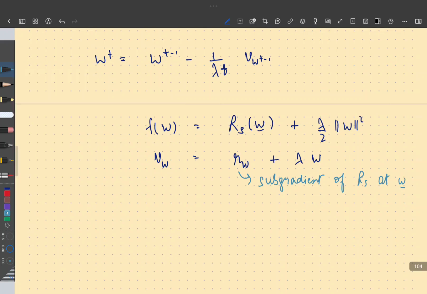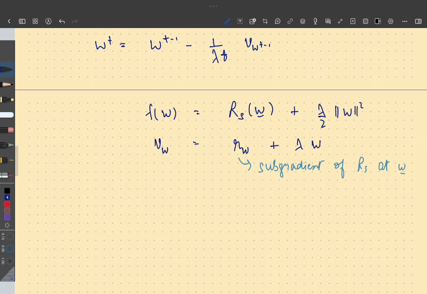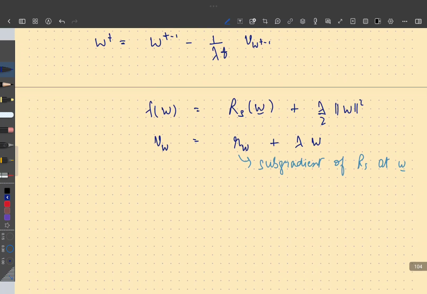So if I plug this back into the gradient descent step, I get w_t equal to w_{t-1} minus 1 by lambda t times r of w_{t-1} plus lambda times w_{t-1}.